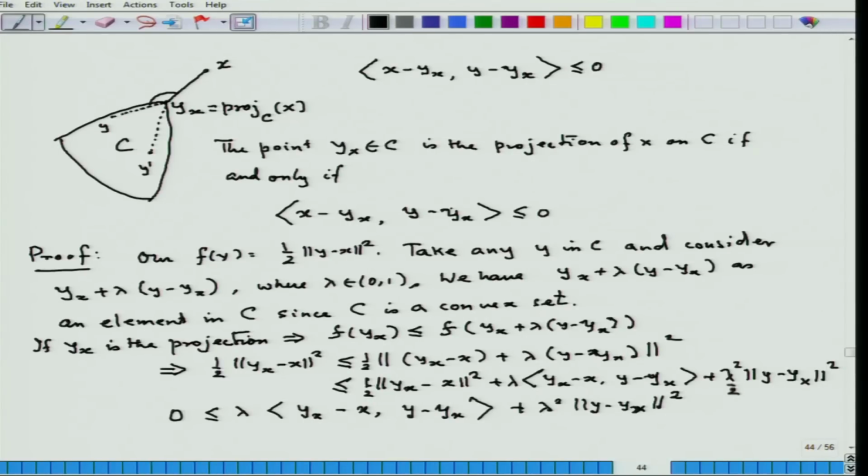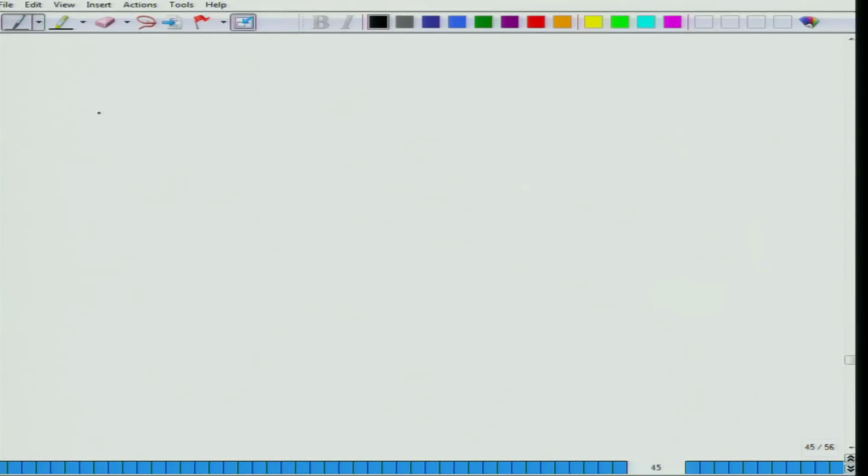Now, I can divide both sides by lambda because lambda is between 0 and 1, and I will obtain this expression: 0 is bigger than the inner product of y x minus x and y minus y x plus lambda times norm y minus y x whole squared.